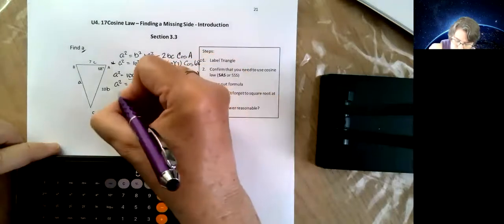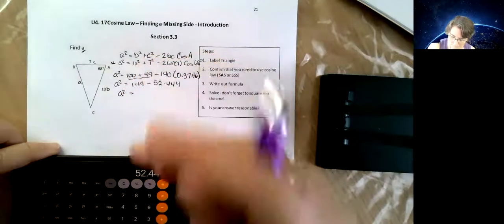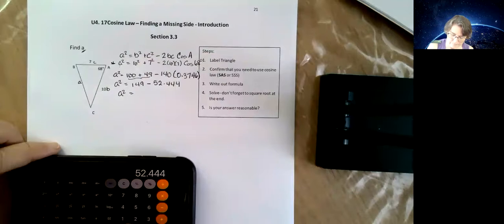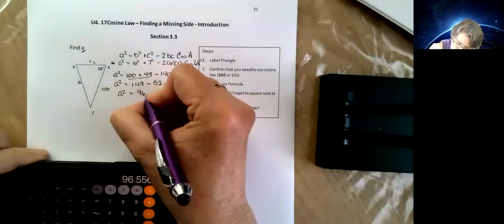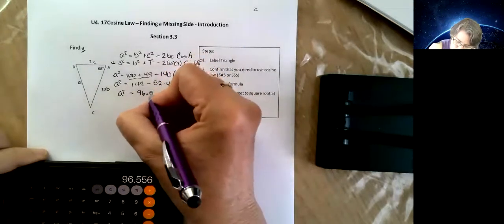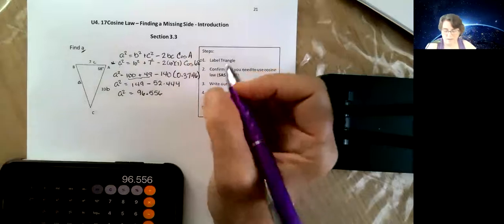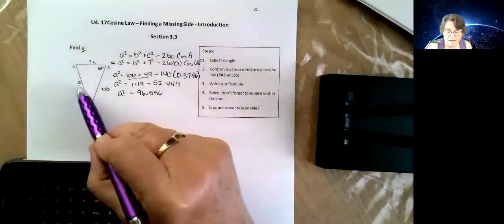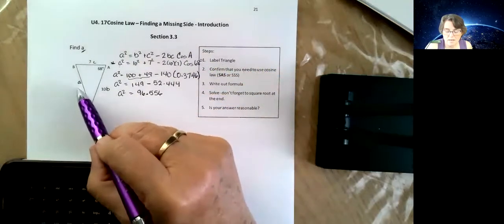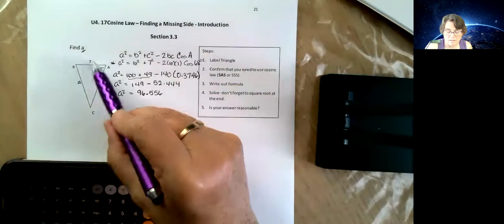That gives 96.556. Now, if we look at side A, it can't be 96 if this is 10 and that's 7.